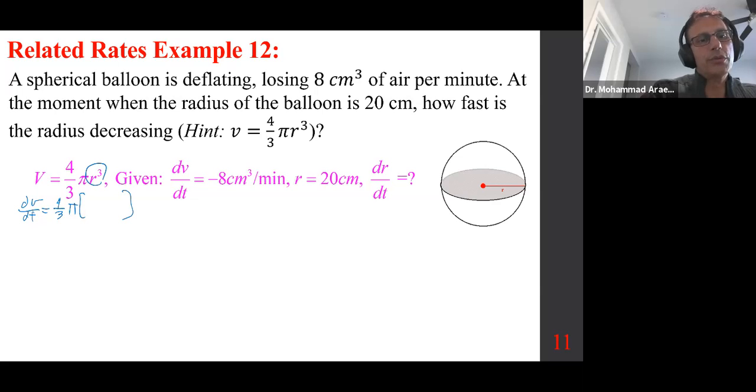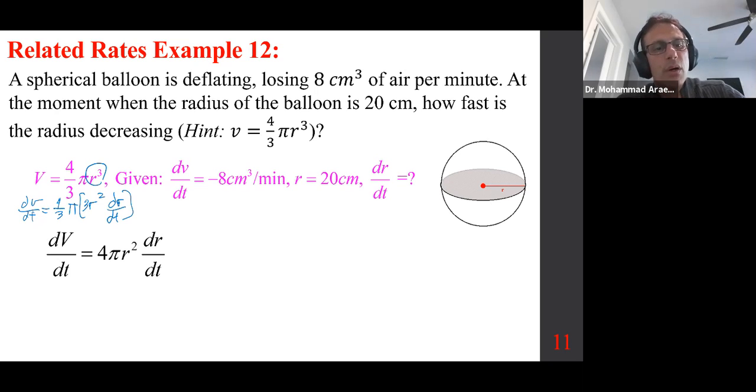Now r cubed gives us 3r squared dr/dt, or simply 4 pi r squared dr/dt. We had done this a number of times, so I skipped that step, but I wrote it for you here to remind you.